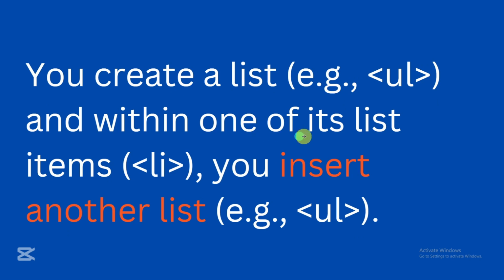Now within one of the LI list items, you will insert another list, and this other list can be a UL, which is an unordered list, or an OL, which becomes an ordered list. Don't worry if you are confused. I'm going to demonstrate it for you to understand it well.